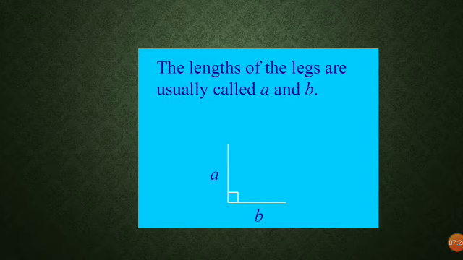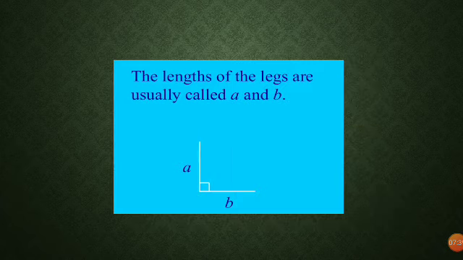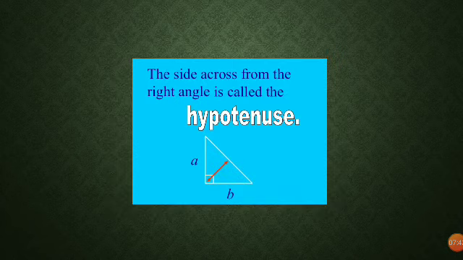Pythagorean theorem. Then the two legs A and B are called the legs of the right angle triangle. Another name is a right angle triangle. The length of the legs are usually called A and B. The side across from the right angle is called the hypotenuse.